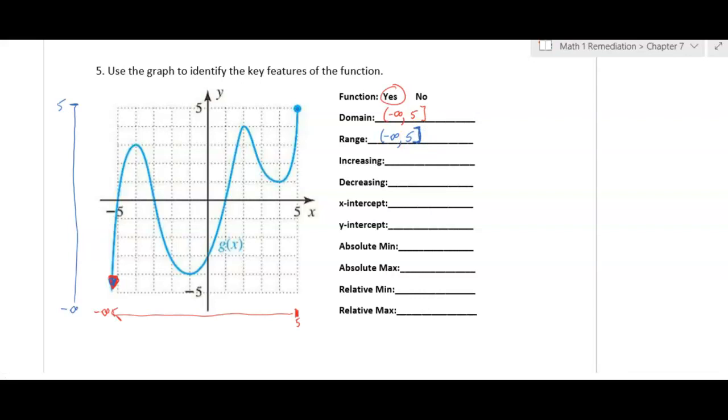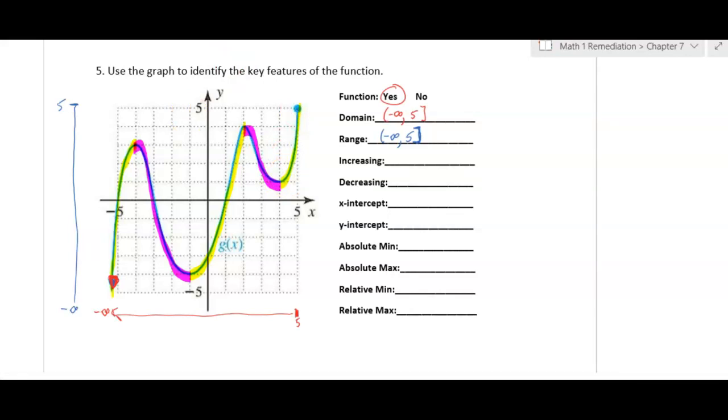Now, as we trace the graph, we're going to identify when it's increasing and decreasing. From the left all the way to here, the function is increasing, starts turning the corner, and goes decreasing until that bottom. Then it switches again to increasing. Then it comes back down to a bottom, and then starts increasing again.